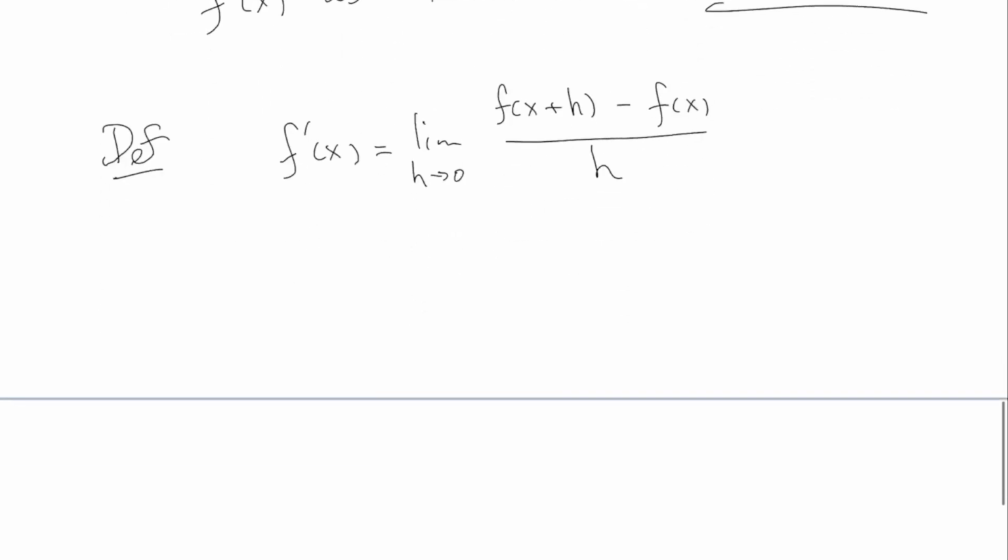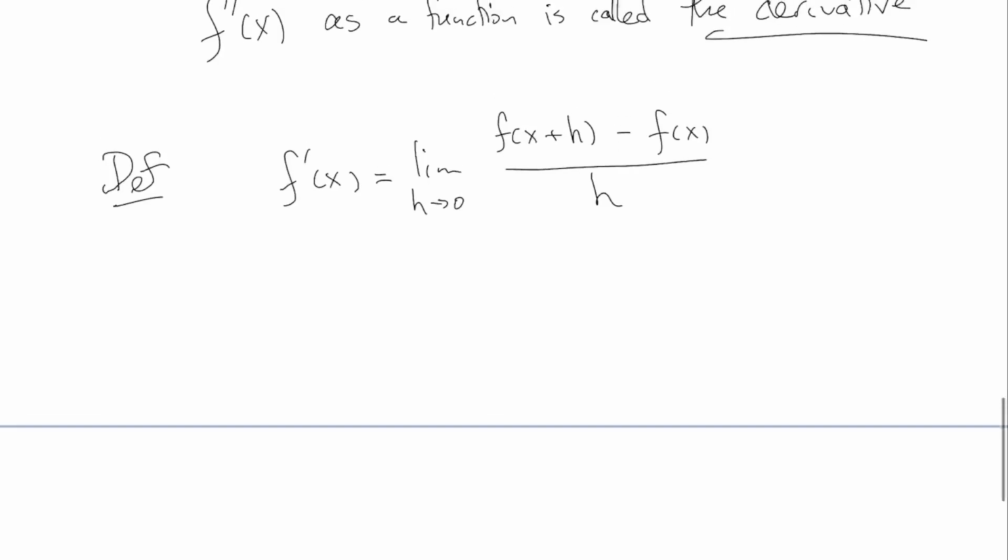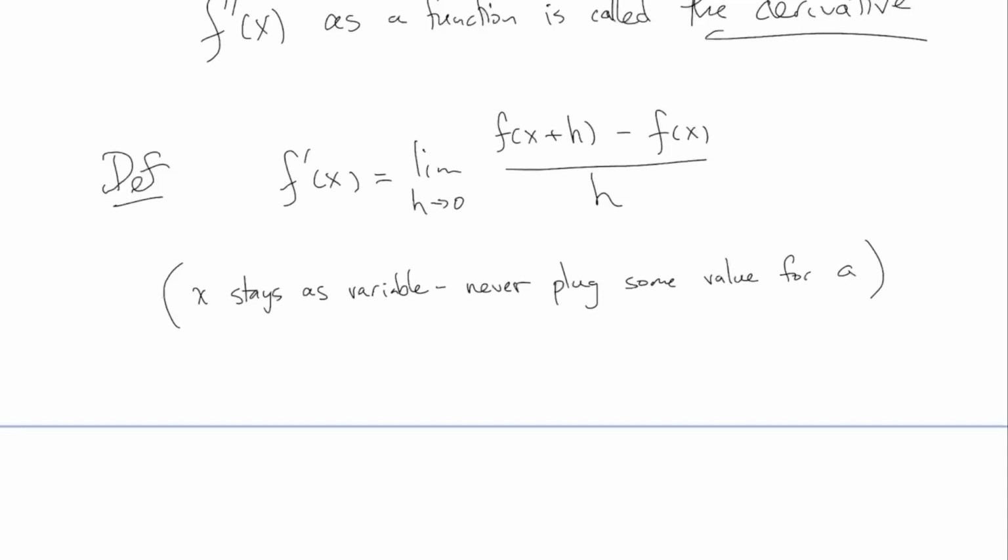And so in this formula, it's the same formula as the instantaneous rate of change, but the only difference is that x stays as a variable. You never plug some value in for a. All right? And x will remain in the answer.